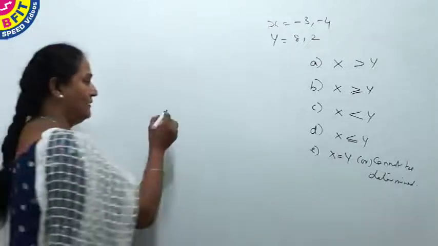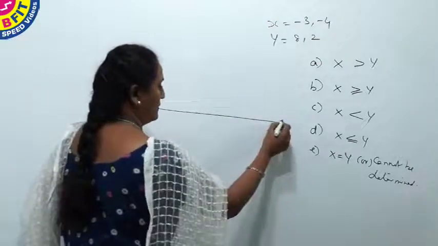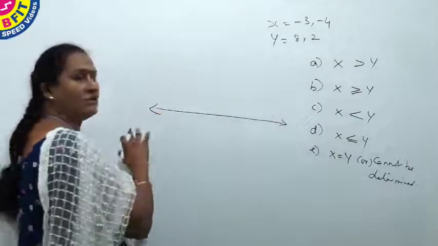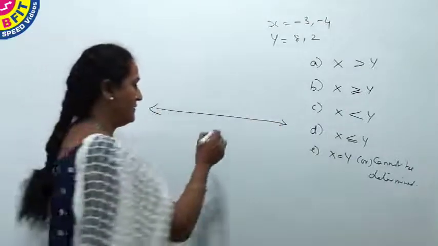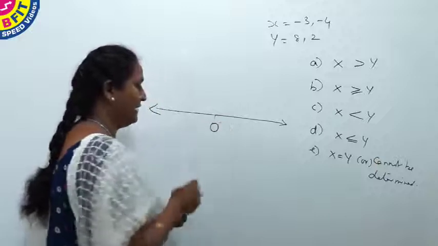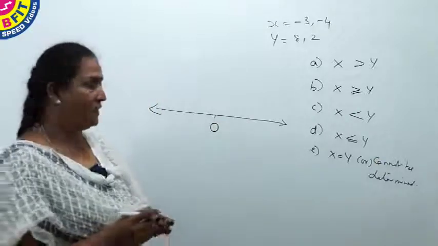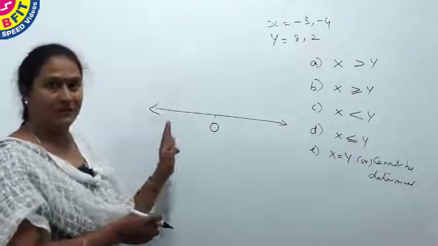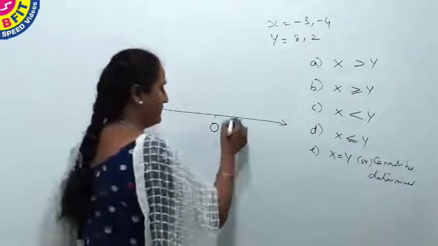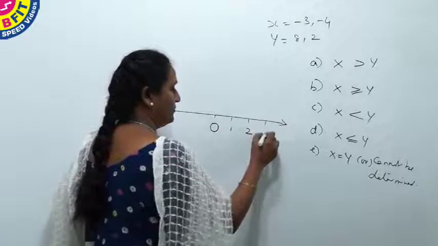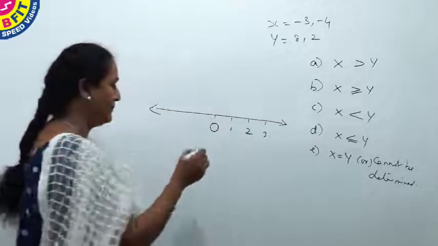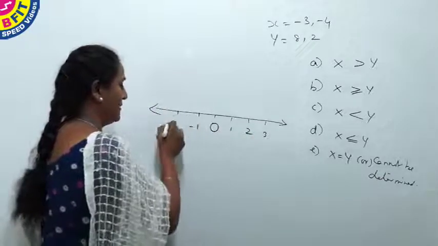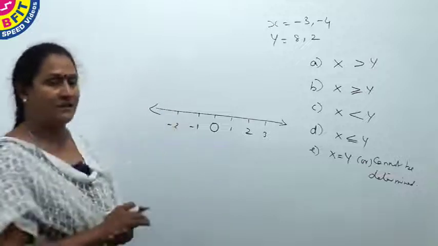So a line in which all the integers are marked is termed as the number line. So place 0 in the middle and all the positive values on the right hand side and all the negative values on the left hand side. So 1, 2, 3, etc. So minus 1, minus 2, minus 3, etc.